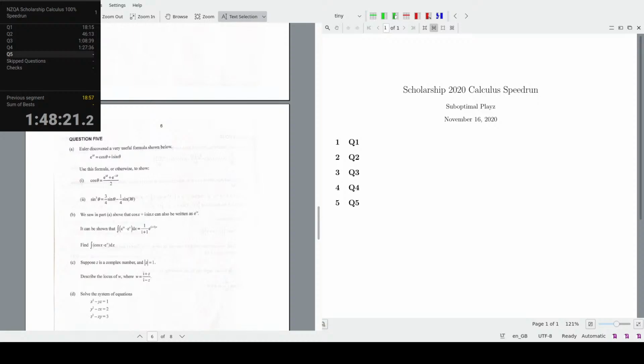When z is i, w is undefined. When z is -1, w is 1 on i, or -i. And when z is -i, w is just 0, right?